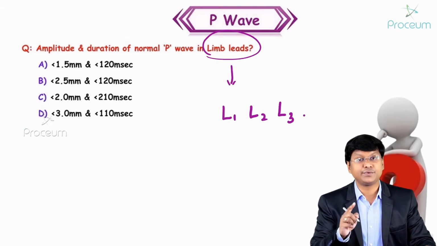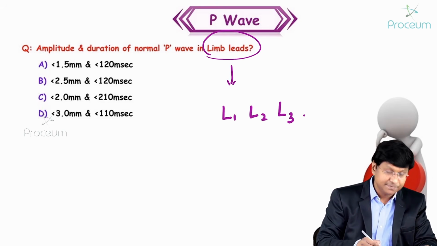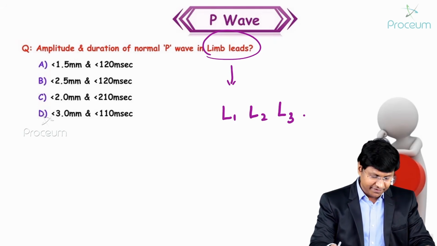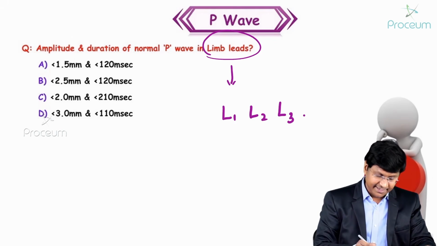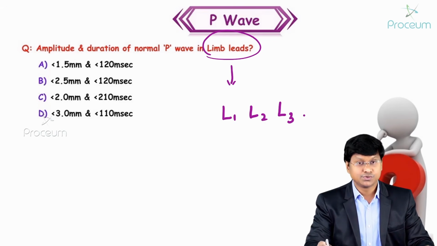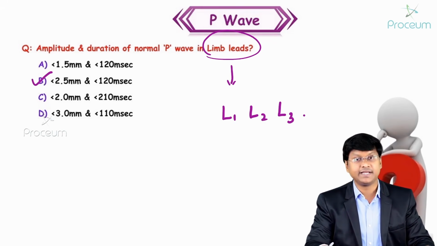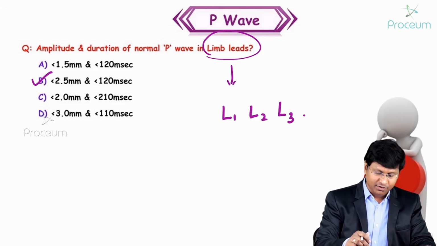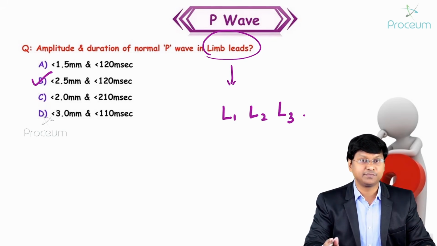The options are: less than 1.5 mm and 120 milliseconds, less than 2.5 mm and less than 120 milliseconds, less than 2 mm and less than 210 milliseconds, less than 3 mm and less than 110 milliseconds. The answer is less than 2.5 mm and less than 120 milliseconds. So remember this very important point.